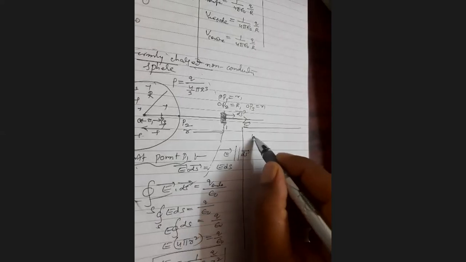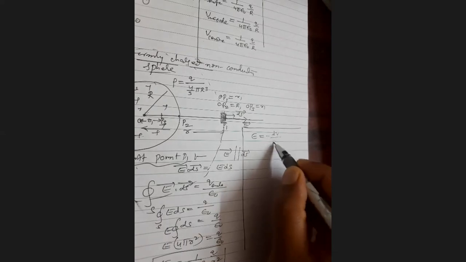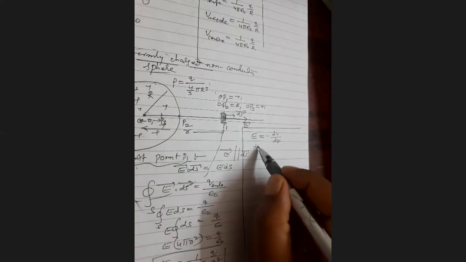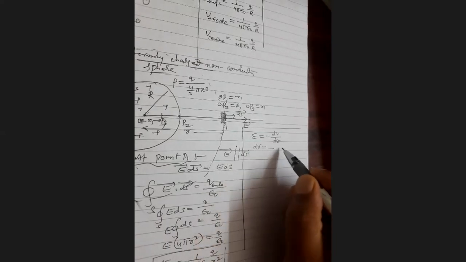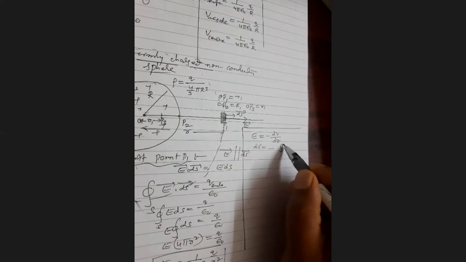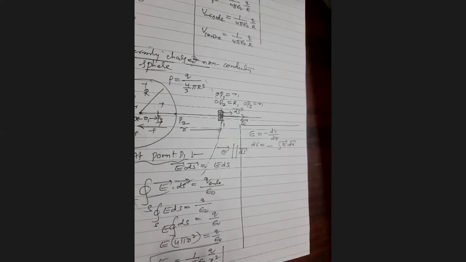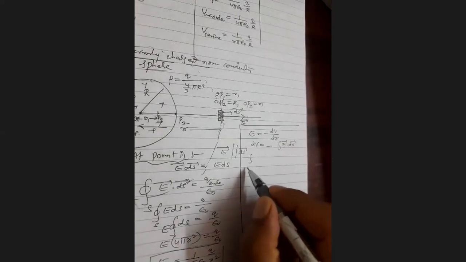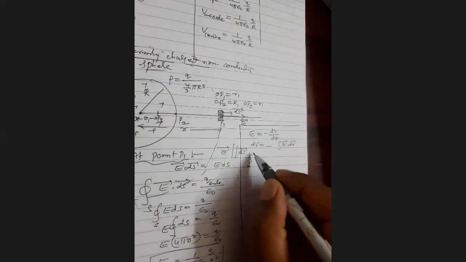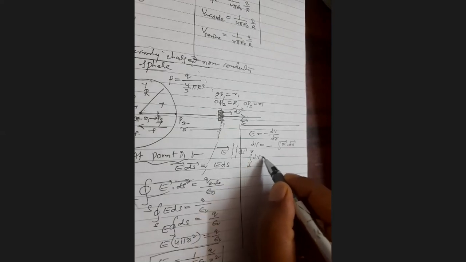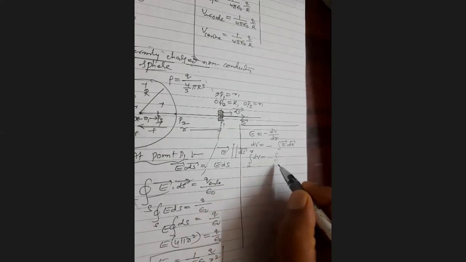How does the field strength relate with the potential? E is equal to minus dV by dr. From this, dV is equal to minus E bar dot dr. Integrating both sides, integral from infinity to R of dV is equal to minus integral from infinity to R of E bar dot dr bar.